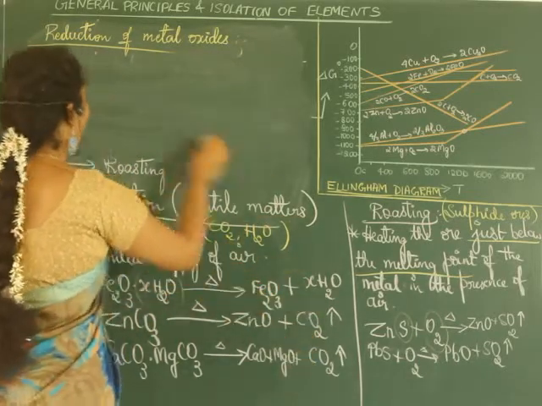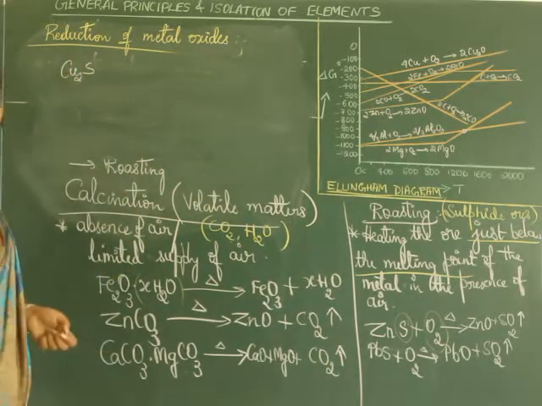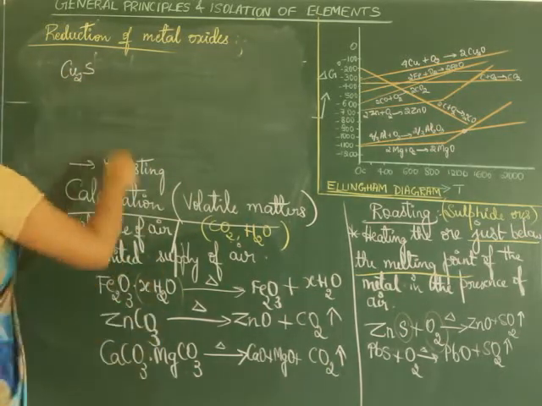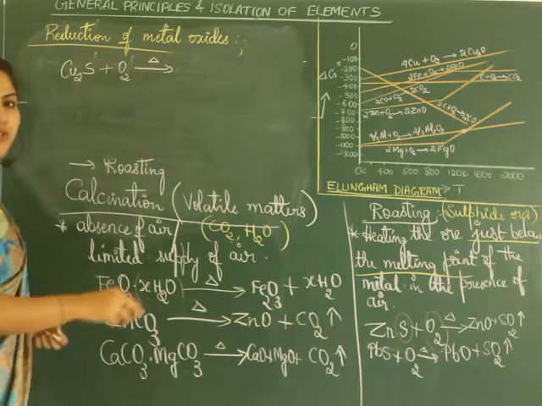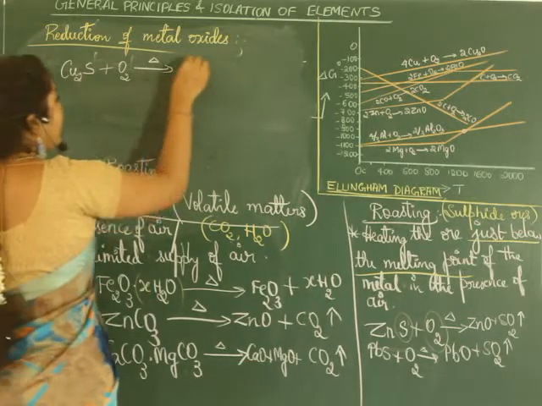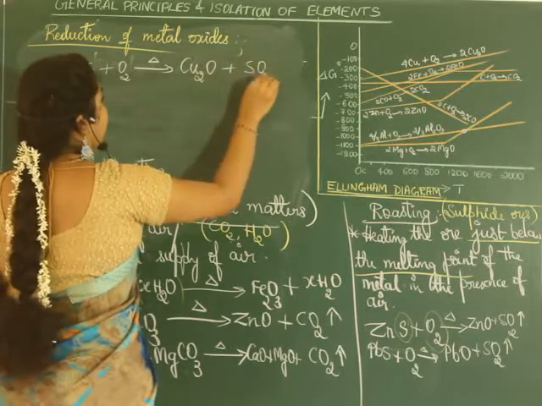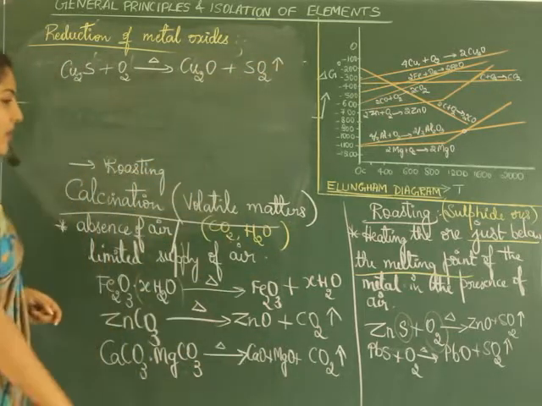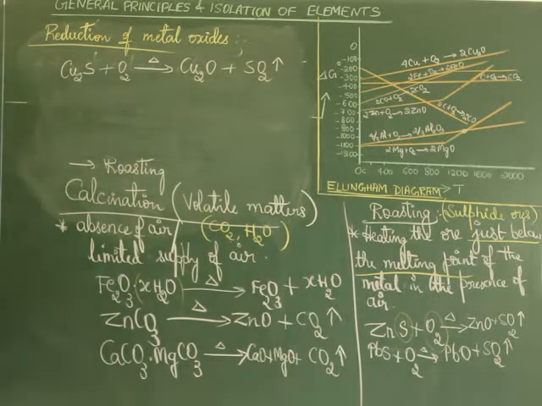One more example for roasting. If you have a sulfide ore of copper, then heating in the presence of oxygen just below the melting point of the metal, we get its oxide along with the liberation of sulfur dioxide. Now here what you have to see is where you have to balance it. Just check out the balancing.